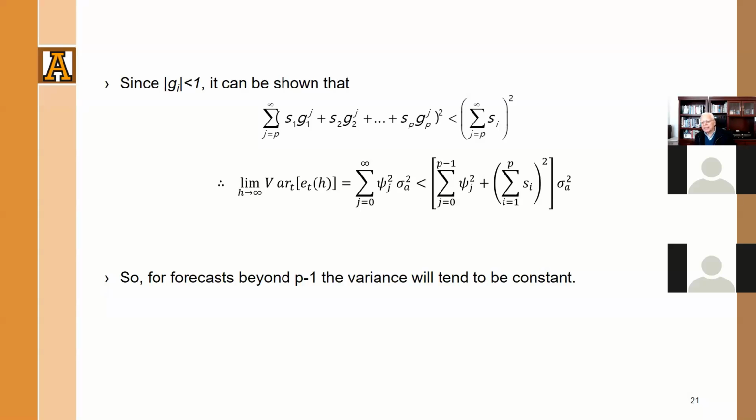It will not be constant as it happens in the pure moving average case, but will tend to be constant. It will not grow too much. The variance will tend to converge. If you look at confidence intervals, the confidence intervals will converge to something that seems to be constant, at least in the very long run.